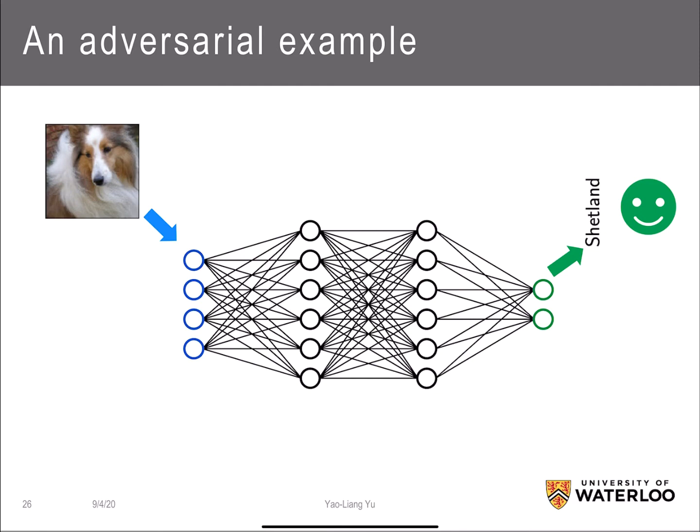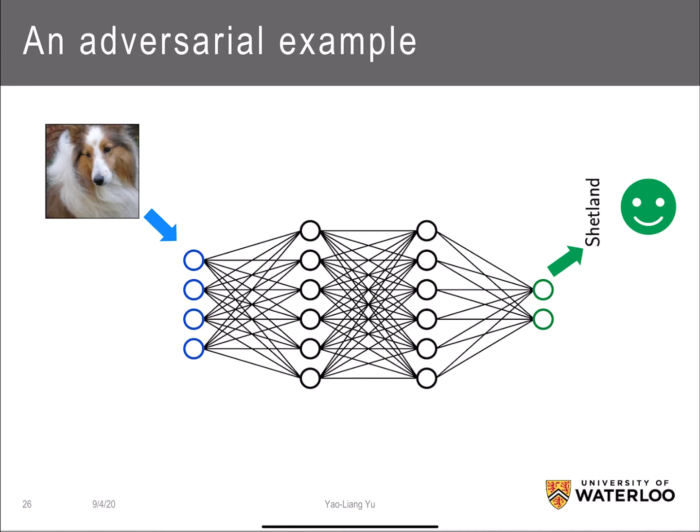In this example, we want to distinguish what kind of breed the dog belongs to. So if we have a very accurate machine learning model, it will predict the input image is a Shetland, which is a breed of dog, and which is correct in this case.